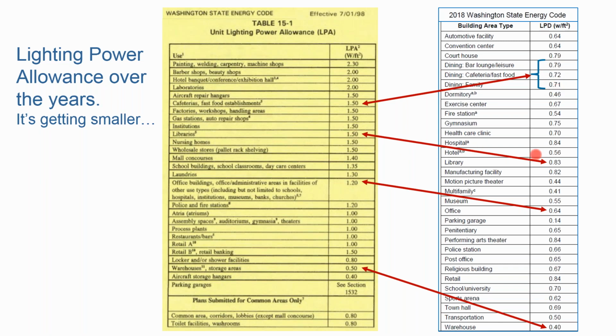Same thing with libraries, again about half. Office buildings, about half. What's interesting with warehouses, it was 0.5, and it only went down to 0.4. I think maybe these were already using, they didn't typically have incandescent. It was usually, even back then, metal halide or high pressure sodium. So it's really hard to get that number much lower and still maintain safety.